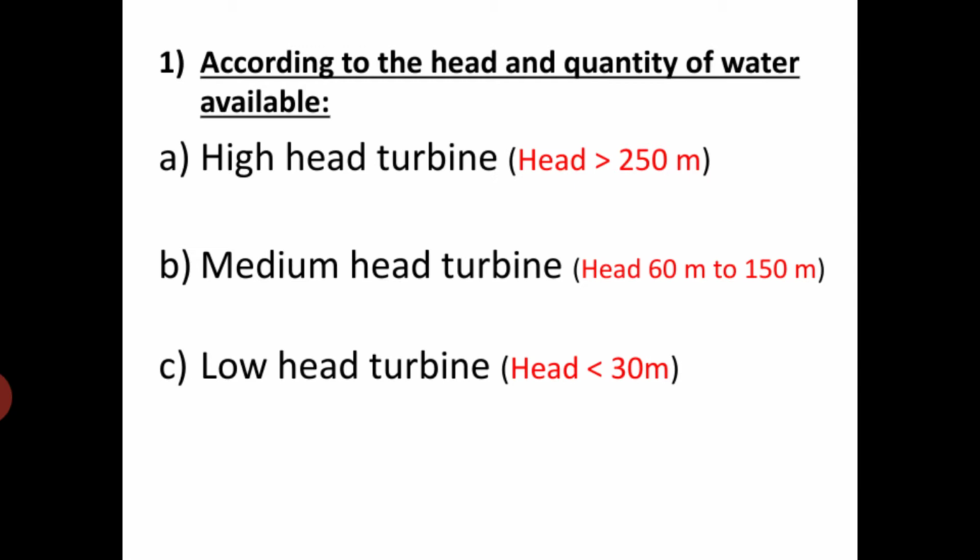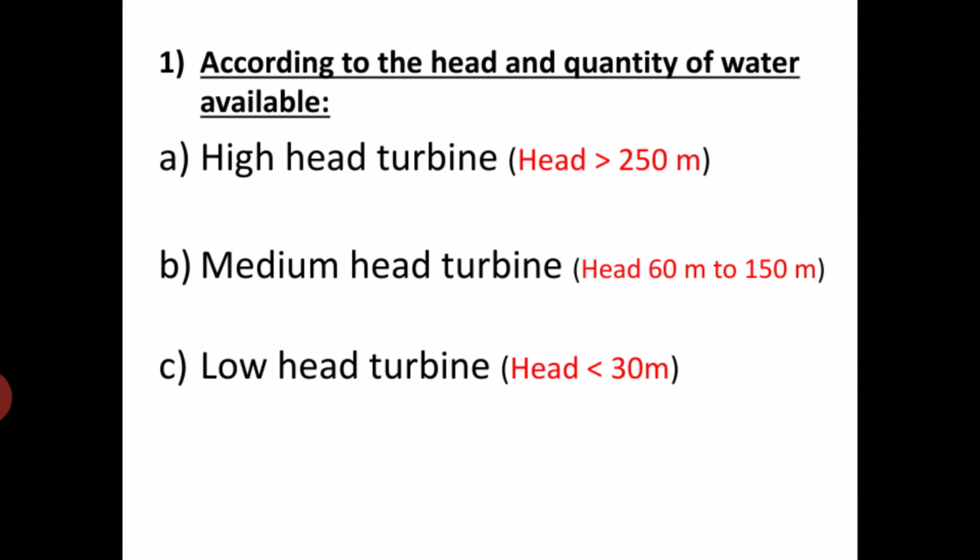Turbines which are capable of working under high heads are called high head turbines. The quantity of water required for these turbines is relatively less. The impulse turbines are in general high head turbines.